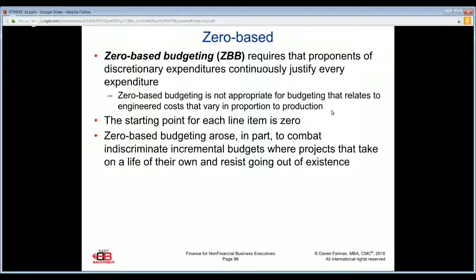The best way to effectively use zero-based budgeting is to combine it with a continuous process improvement initiative.